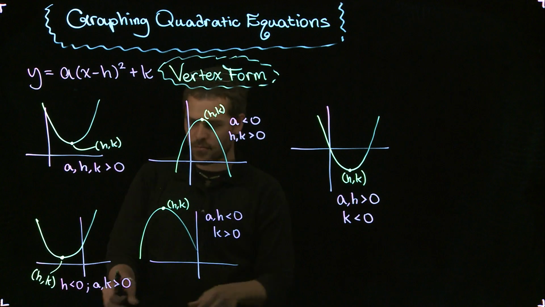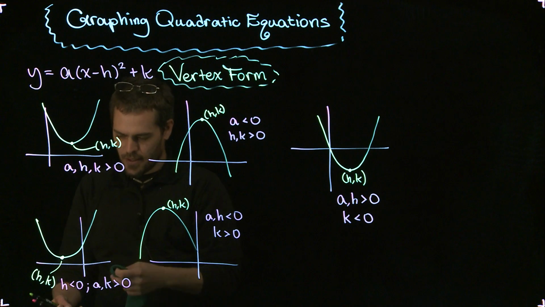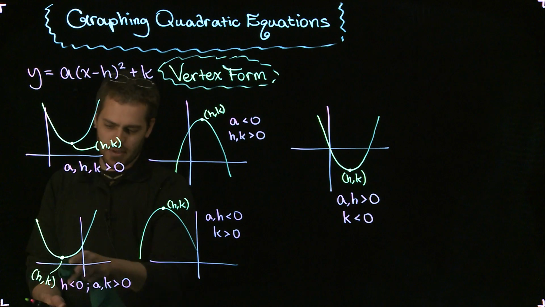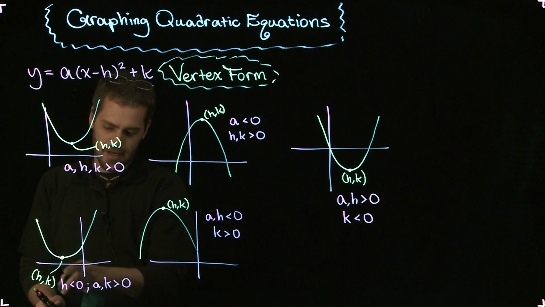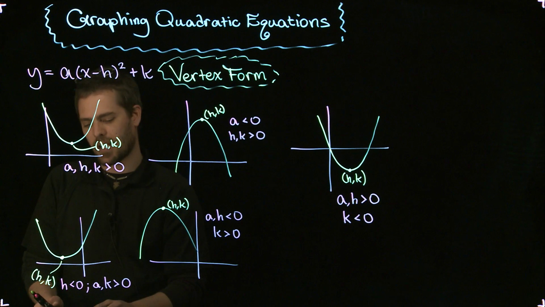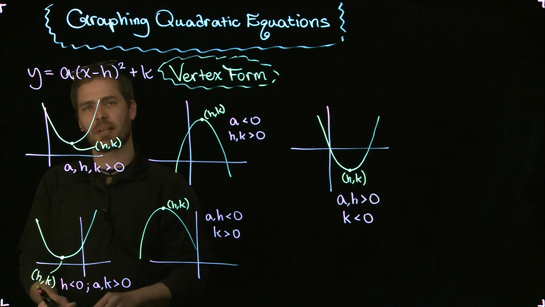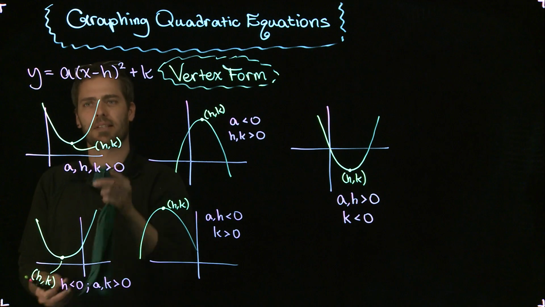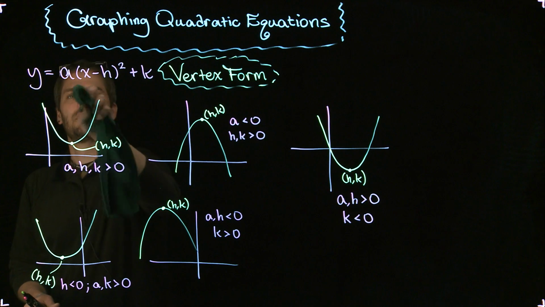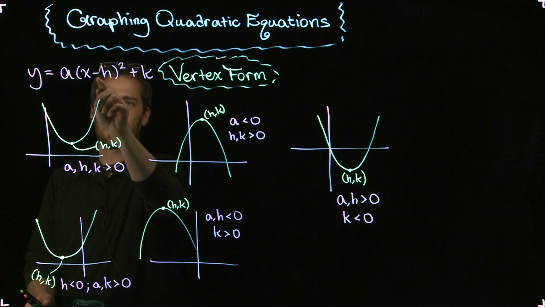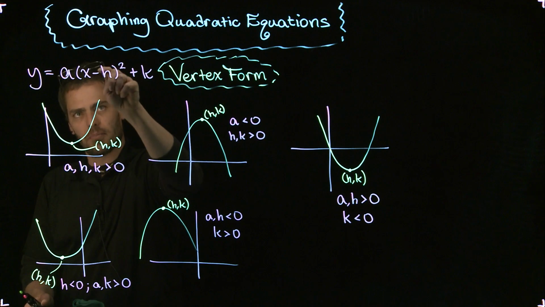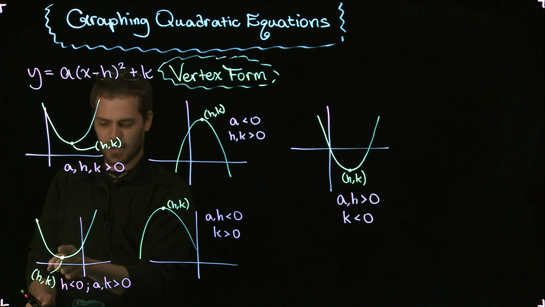Now, the graph down here, I'm again calling it h, k, but this time h is negative. A case like that would be if you had a plus there, you need to force it to be a minus to technically be in this vertex form. So x minus a negative number would look something like this.